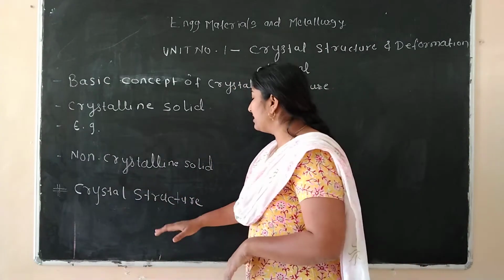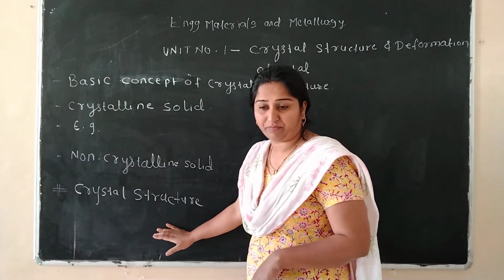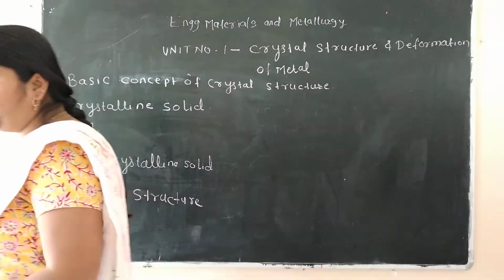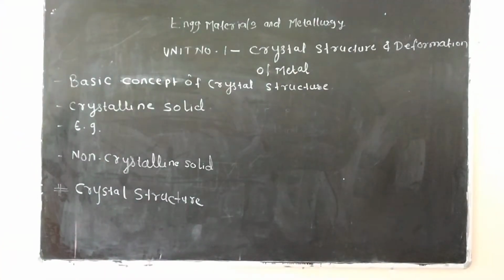I repeat once again, concentrate on it: crystal structure is defined as many unit cells, underline this word, unit cells, repeating in a 3-dimensional space.